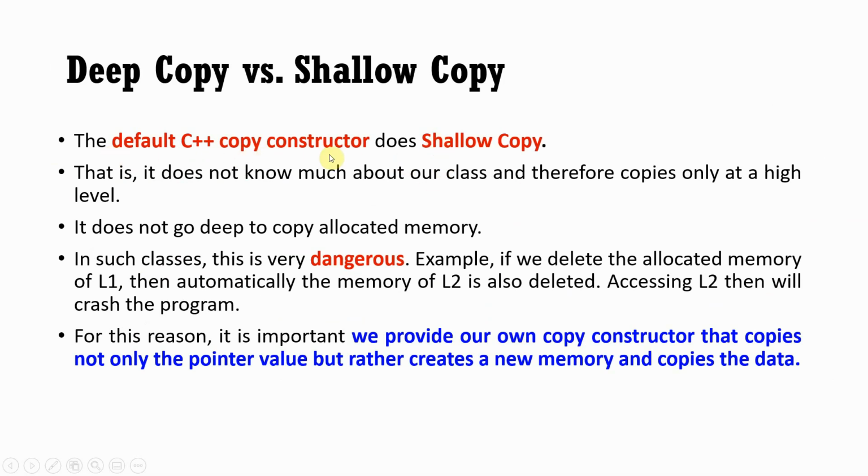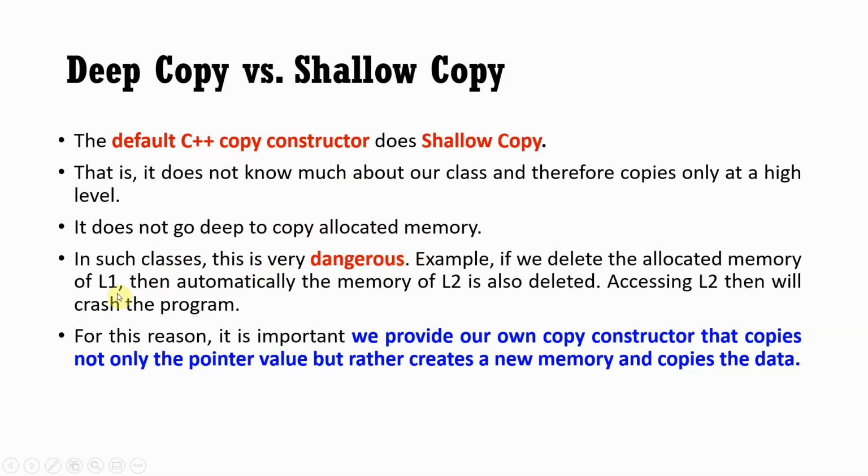So the default C++ copy constructor and assignment operator does shallow copy. In the cases that we have pointers and dynamic memory, it's dangerous to just skip defining a copy constructor. So we have to define it ourselves, right?